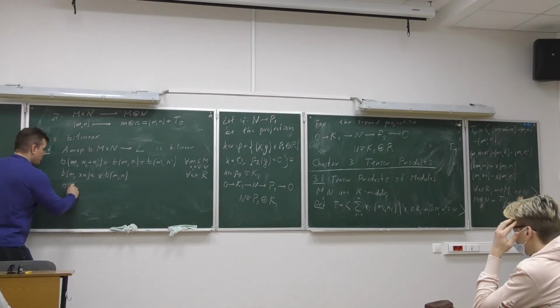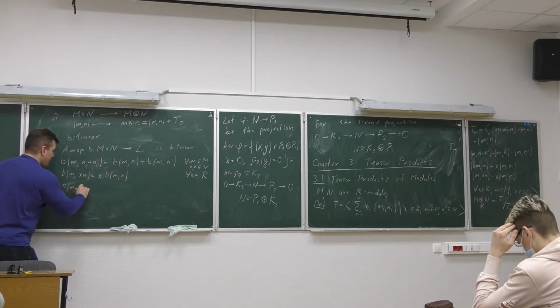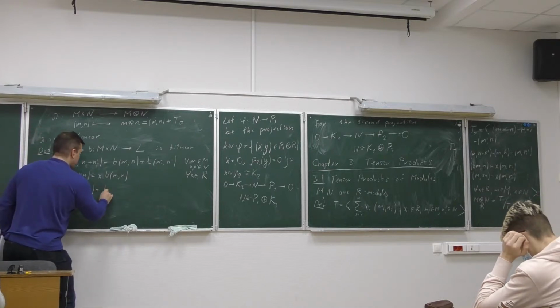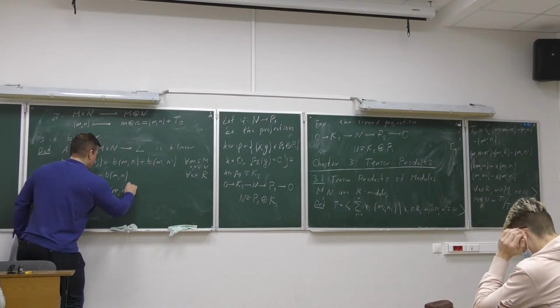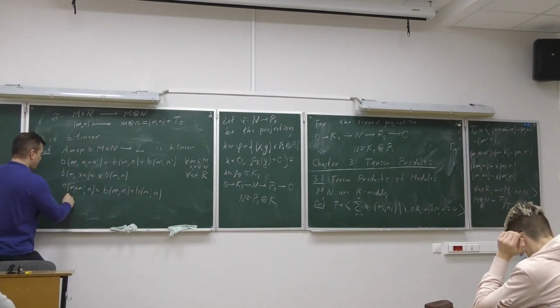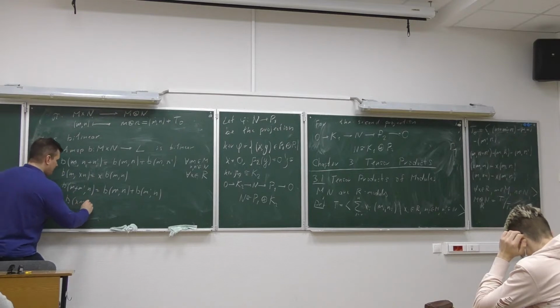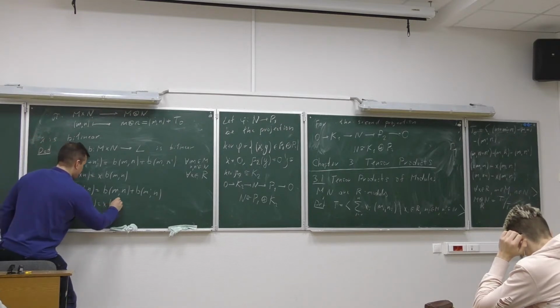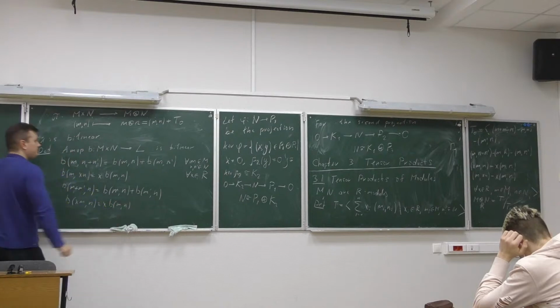If I apply B to m plus m prime with a fixed argument n, this is B(m, n) plus B(m prime, n), and finally B(xm, n) is x B(m, n). That's a general definition of a bilinear map.